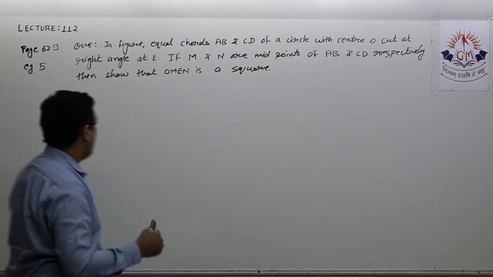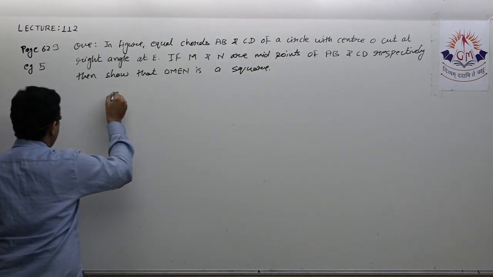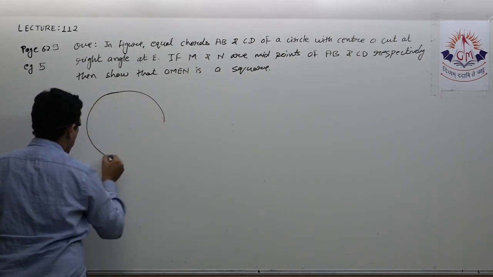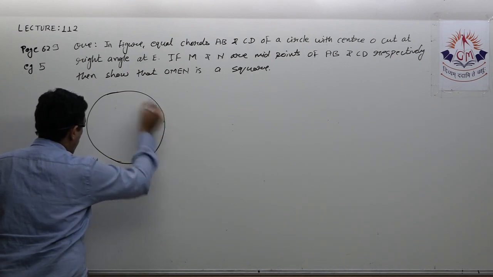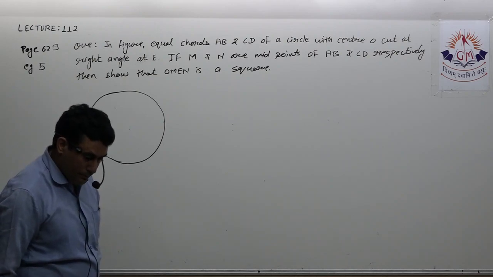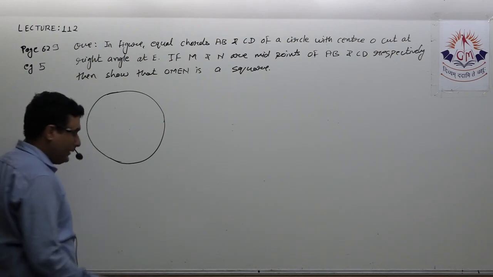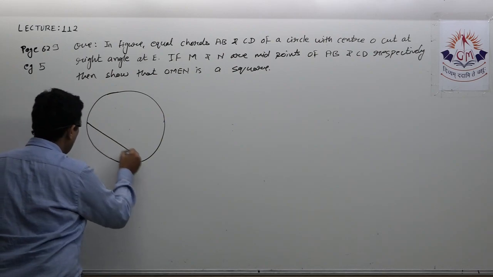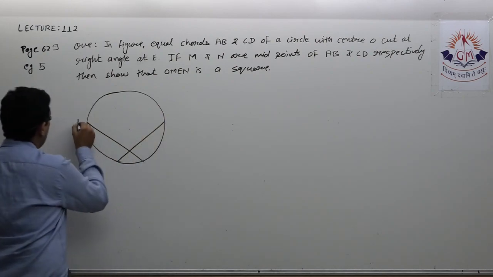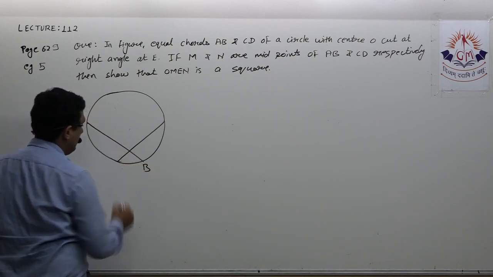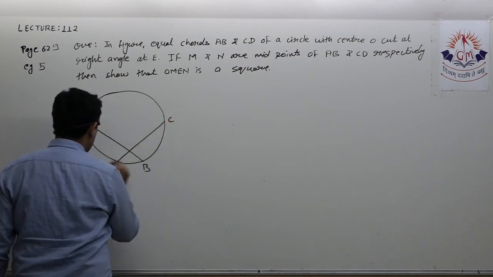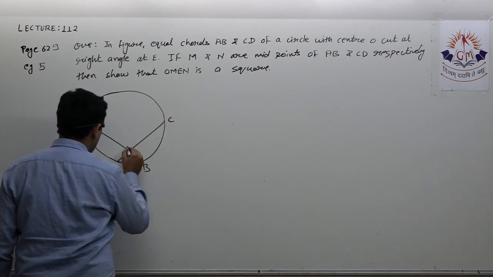So first of all, let's draw the diagram. Here there is a circle with chords AB and CD. This is the point of intersection E, and this is 90 degrees.